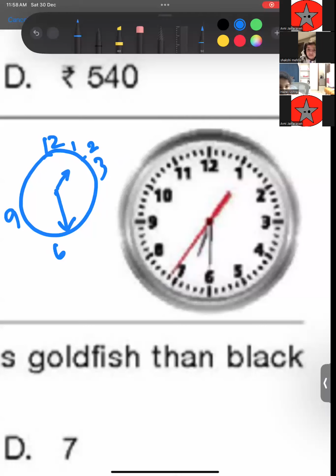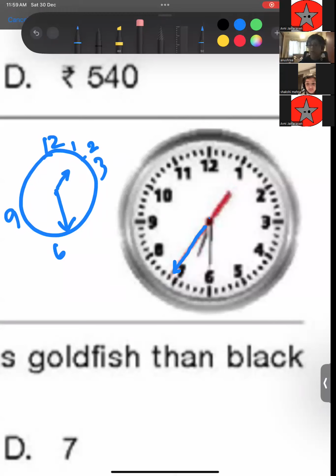Do you see here? If you're focusing on the red line, kids, this red line, which is now blue, and this is my hour hand, right? I still see it on 1. It should at least be midway here. Getting my point? Yes, ma'am. But it is not between 1 and 2, it is still on 1.